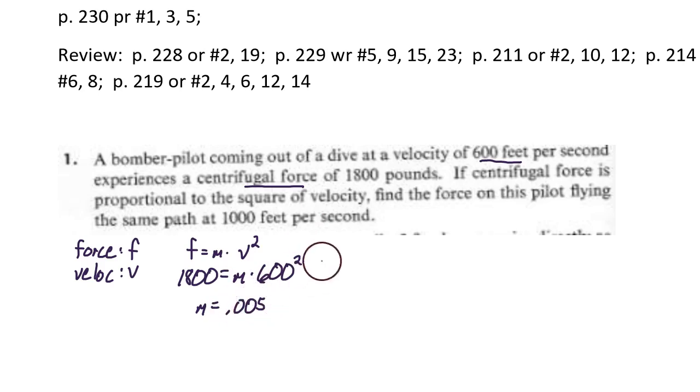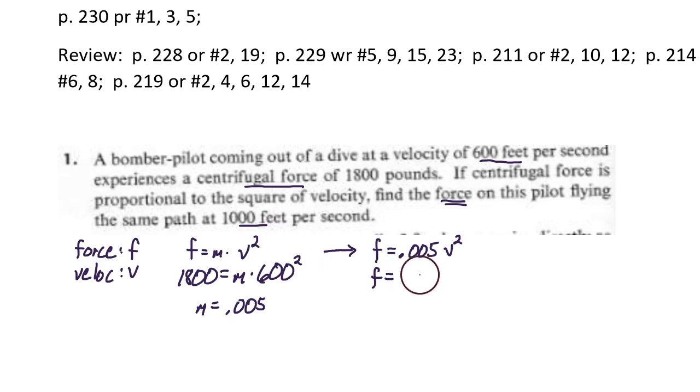Now that we know the answer for m, let's rewrite that original equation that relates F and V. Force equals 0.005 times V squared. Now let's go to the very last sentence where it asks us to find the force, to find the value of F when the velocity is 1,000.